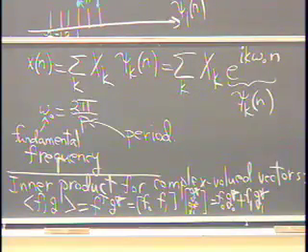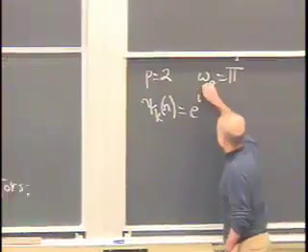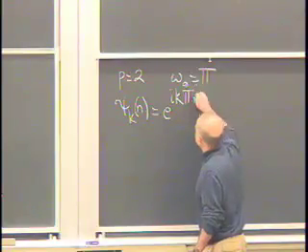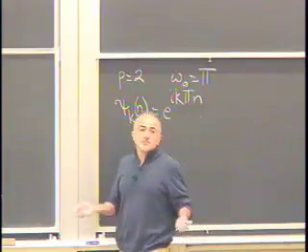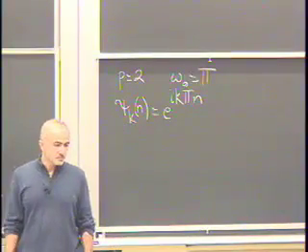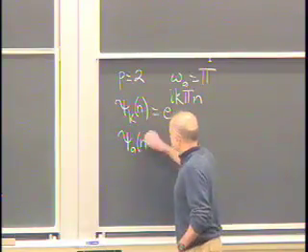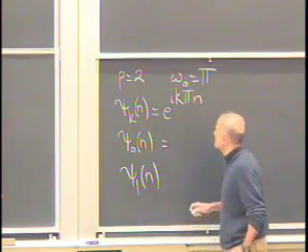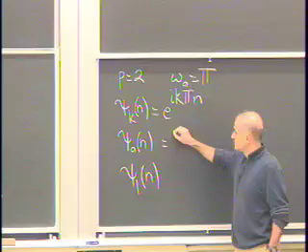So Ck of n will be e to the I k pi n. And if I'm living in the universe of signals that are periodic with period 2, how many of these CKs do I need? 2. So I need C0 and I need C1. C0 is when I plug in k equals 0. What do I get? 1.